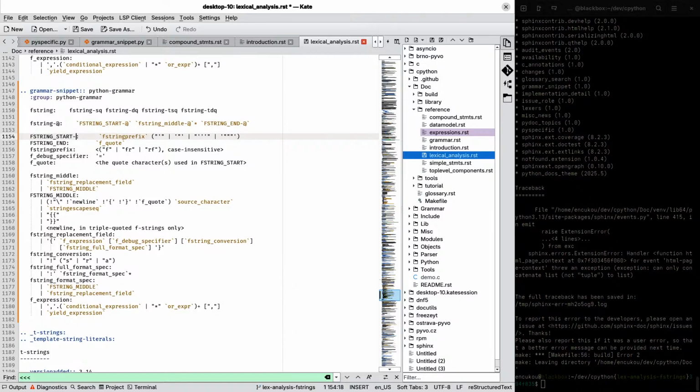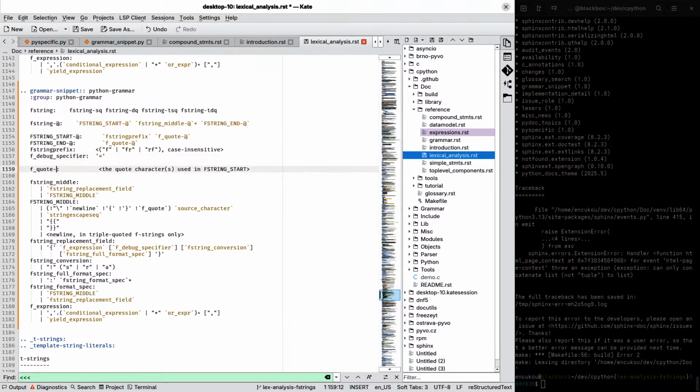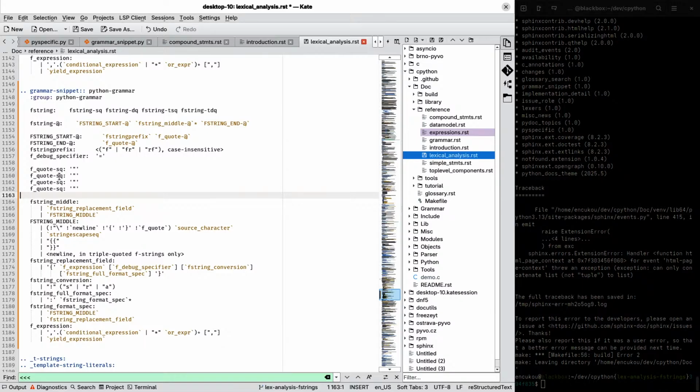And then f-string start with the same suffix now needs this f-quote with that same suffix. F-string end, same thing. And then the quote depends on the suffix, right? So the quote for a single quote would be that, and so on.